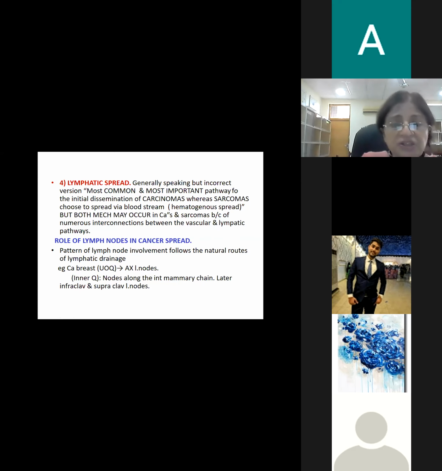So cancer of the breast can spread to the axillary lymph nodes, along the internal mammary chain, and it can involve the infraclavicular and supraclavicular lymph nodes, depending upon where the location of the tumor is in the breast.